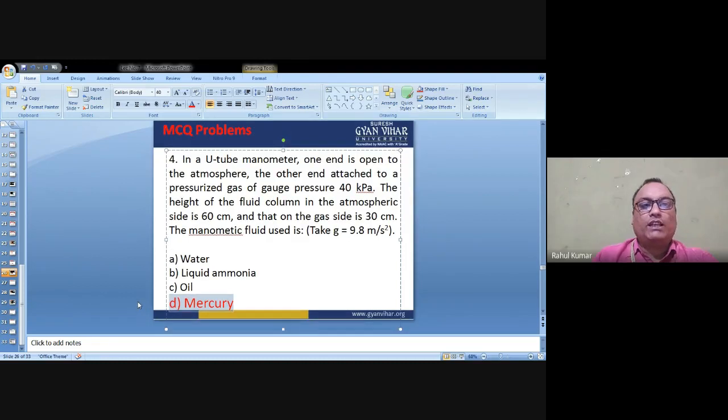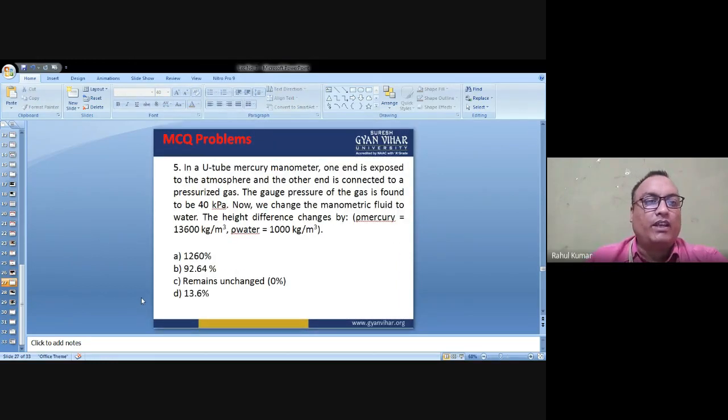Then move to the next question, question number 5. In a U-tube mercury manometer, one end is exposed to the atmosphere and the other end is connected to a pressurized gas. The gauge pressure of the gas is found to be 40 kilopascal. Now we change the manometric fluid to water. How does the height difference change? Rho of mercury equals 13,600 kg per meter cube and rho of water is 1000 kg per meter cube.